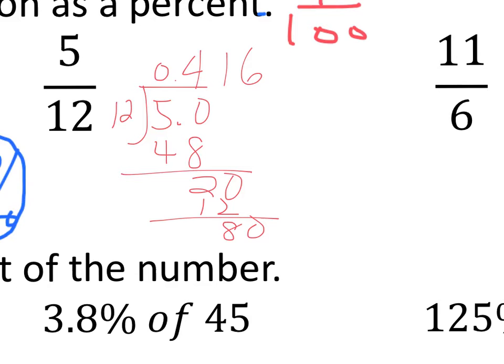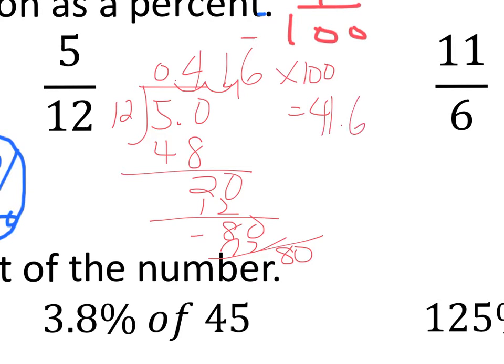Then that would be 72, 8. Oh, it repeats. So 0.416 repeating, and we need to multiply by 100. Shift the decimal 2 places to the right, so 41.6 repeating percent. Okay, but if you don't like to use the division method, we can use a pattern.